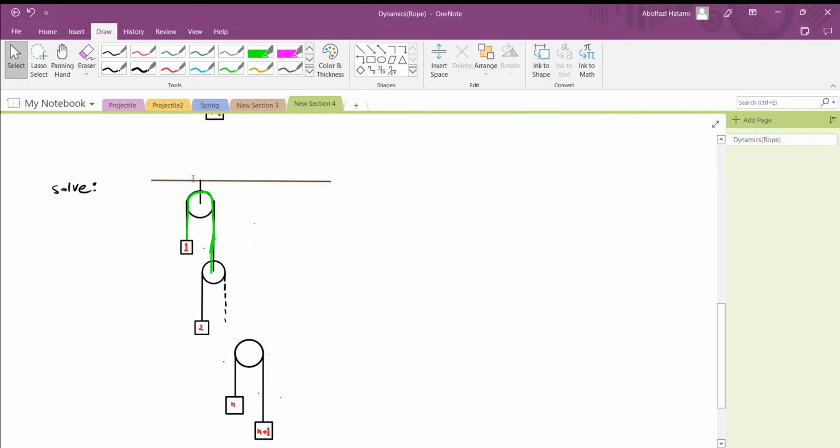Because the rope is massless, the first note is that the tension in the rope is constant. For example, consider that this is a rope, and we have a force F1 on this side and also F2 on this side.